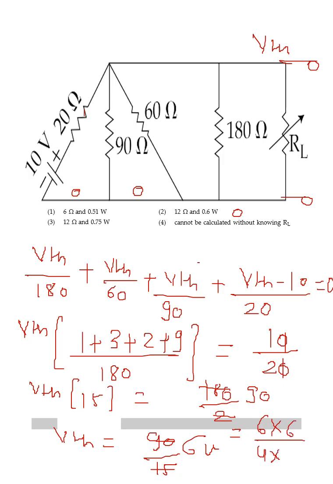What was the value of RTH? That is nothing but 12. So 6 by 12, that is 3 by 4, which equals 0.75 watt. So the answer is RTH is 12 ohm and the power is 0.75 watt. That is answer number 3.